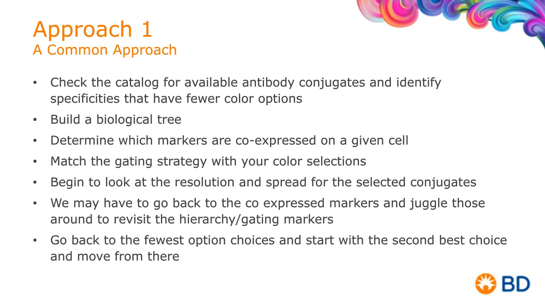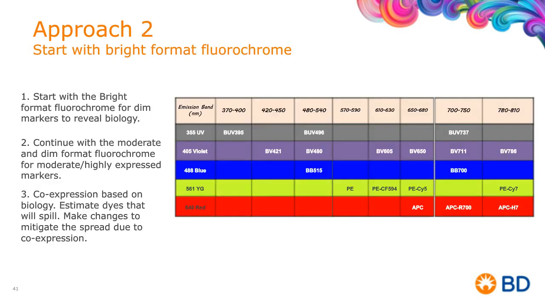So a second approach that's used, and it's a very interesting approach, is that we start with the bright fluorochromes. And those bright ones give us a chance to reveal biology from those dim markers.